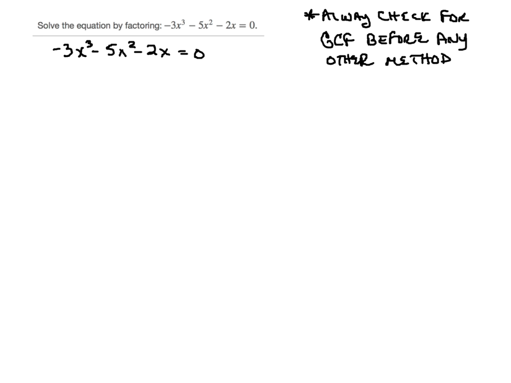Because if you can pull a GCF out, it's going to make your factoring a lot easier. Well, somewhat easier. So always check for GCF first.